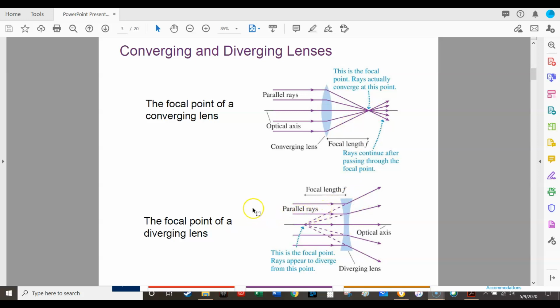So when light rays are coming in from left to right, they refract through this lens, but the weird point is they don't focus onto a point on the other side of the lens. They actually diverge away from the focal point on the same side of the lens as the incoming light rays. So this is a diverging lens. It makes the light rays diverge away from the focal point. This one is a converging lens. It makes the light rays converge onto a focal point. Okay, so that's why they're called converge and diverge.